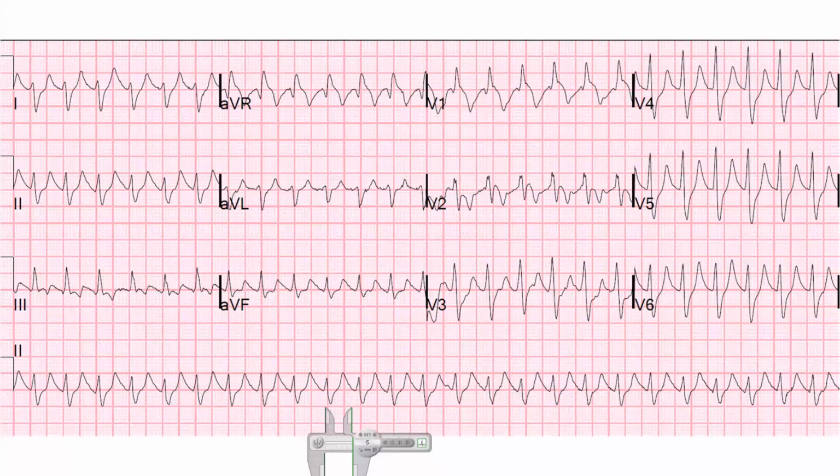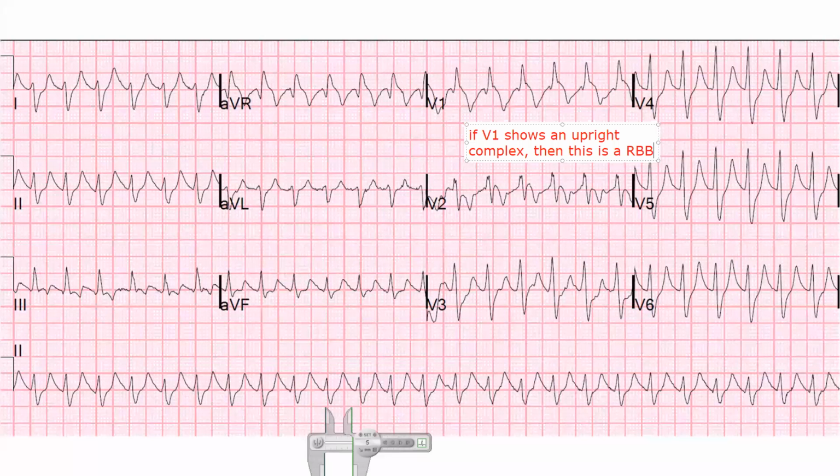And when we look at lead V1, what do we see? We see that lead V1 is positively deflected. So if you look at V1 and the complex is going upright, then this is a manifestation of a right bundle branch block.